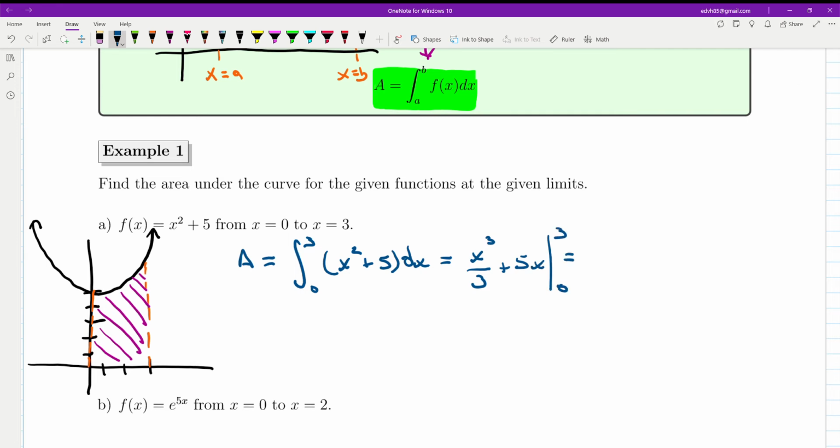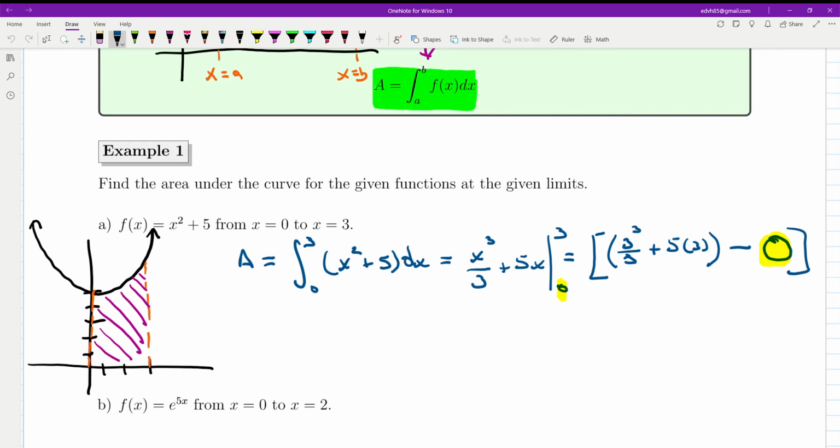All we do is upper limit minus lower limit, for which 3 cubed over 3 plus 5 times 3, and then minus, in this case, notice that if we plug in 0 here and here, those two terms are just going to zero out. So it's valid to just call this a big 0, with no need to write all that calculation there.